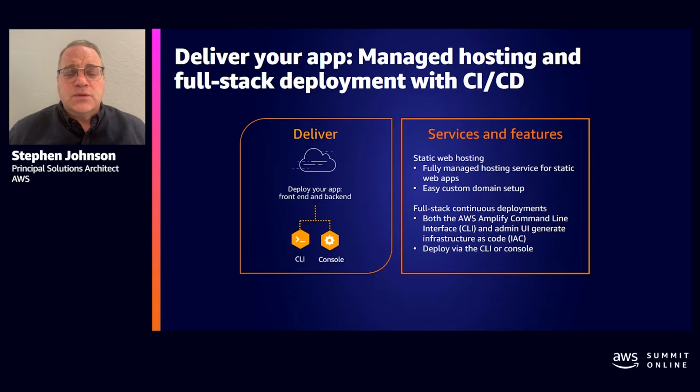So using the Amplify console, if you have a web application, you can point the console to your code repository where your web application is sitting, and AWS will take it from there, right? It'll read in your code, build it for you, and then deploy it on our cloud using best practices like CloudFront and S3 static hosting.